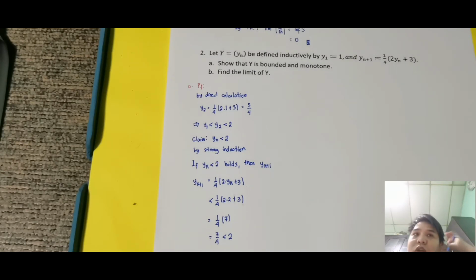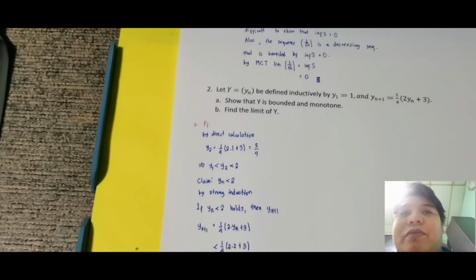Okay, which is 2. So ngayon, ang gusto ko na napakita, so kung napapansin mo, increasing siya, dapat may pakita ko na yung y sub 1 is less than y sub 2, less than y sub 3, less than y sub k. Ganun dapat mapakita ko. Pero, I think mas better yung ganito.